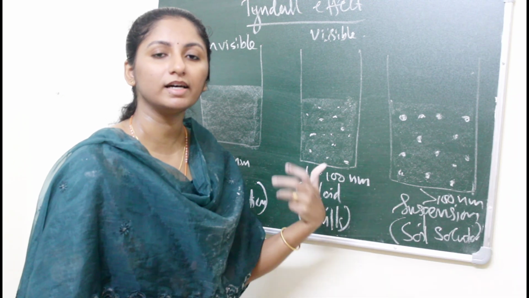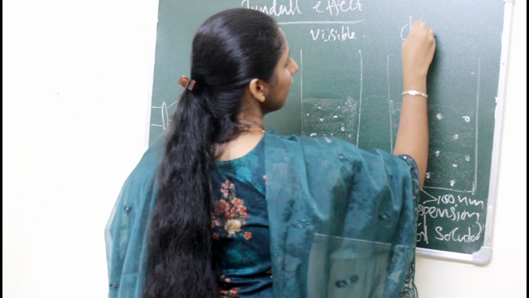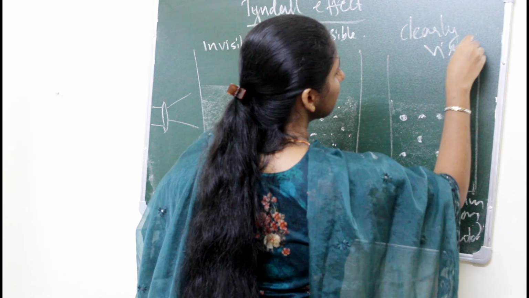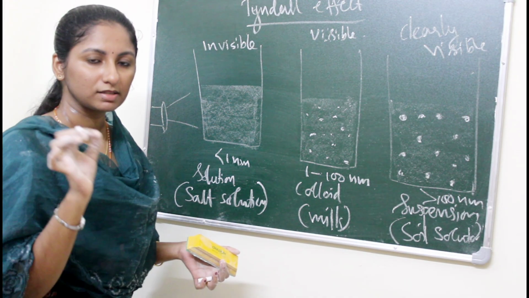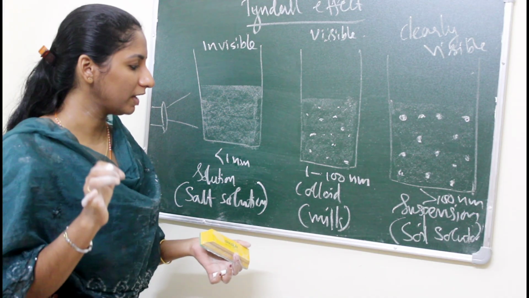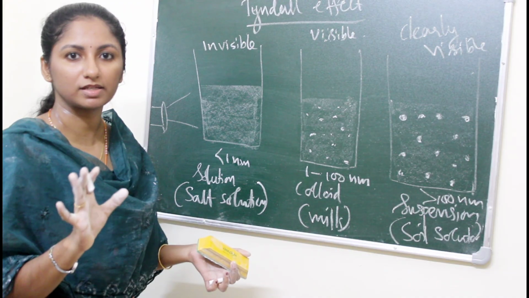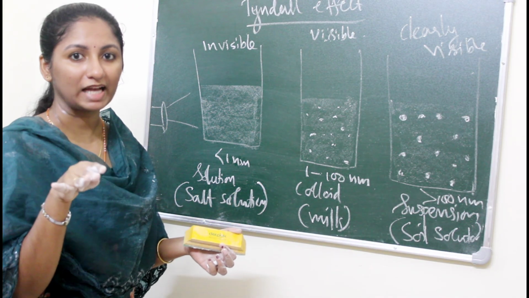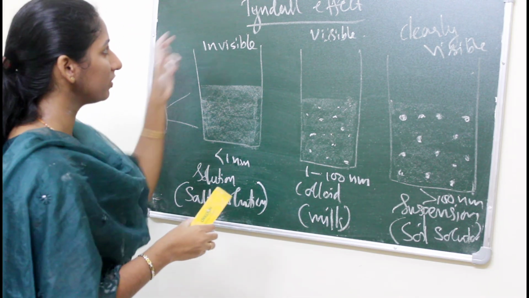The particles are clearly visible in case of suspension. And when we are taking the case of colloids, we can't see the particles within the milk with the naked eye, right? So when we are passing a beam of light through this colloid, we can actually see the particles within the colloid. So that's all about the Tyndall effect.